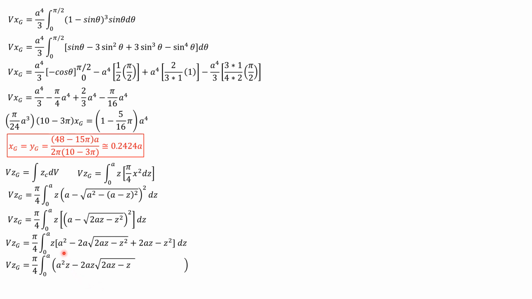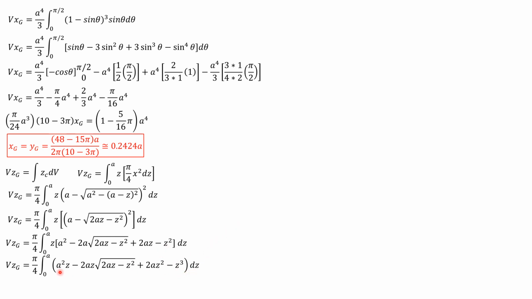The integral of a squared is a squared z, or distribute z. So we have a squared z minus 2az square root of 2az minus z squared. Then z times 2az is 2az squared, z times z squared, negative z cubed dz.